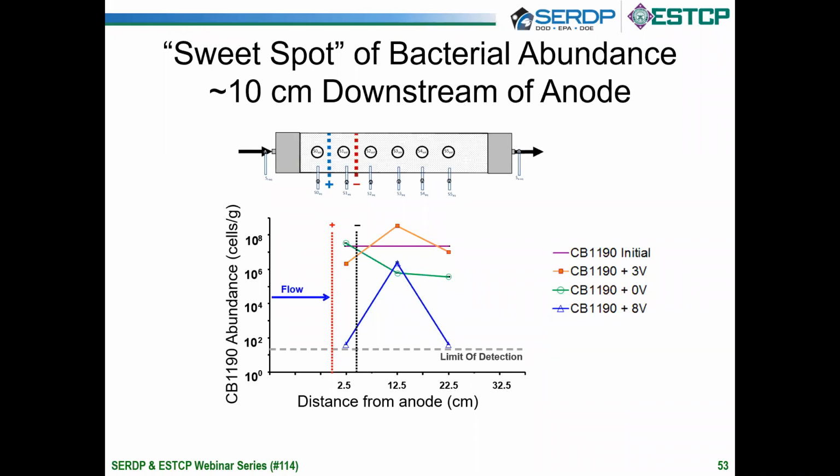So the CD1190 culture was grown on sand first and in the presence of 1,4-dioxane until it reached steady state. And then the columns were filled with this inoculated sand. And then we would flow water through at flow velocities somewhat typical of groundwater and porous media, somewhere around 1 to 1.5 feet per day. And in the graph below here, you see the CD1190 cell abundance.